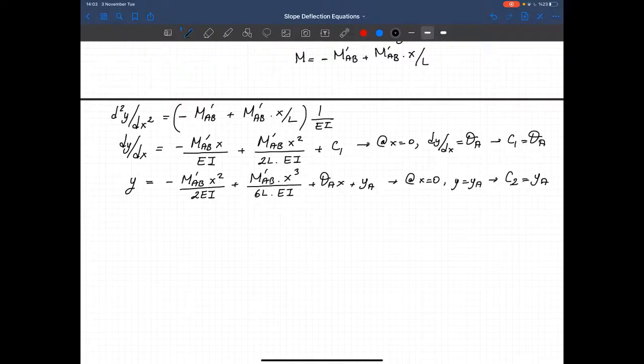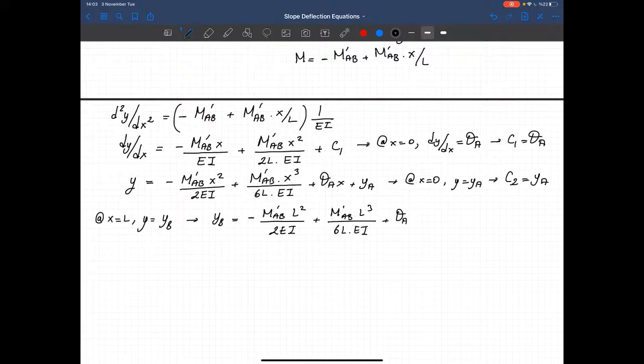Again, now let's use the third boundary condition. At x is equal to L, y is equal to YB. So this tells me that YB is equal to minus MAB prime L squared divided by 2EI plus M prime AB L cubed divided by 6L EI plus theta A times L plus YA.